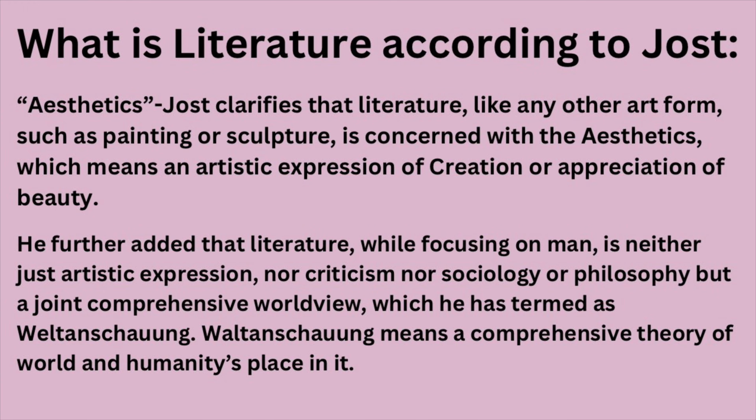Then he further adds that literature, while focusing on a man, is neither just artistic expression, nor criticism, nor sociology or philosophy, but a joint comprehensive worldview, which he has termed as Weltanschauung. I'm not really sure if I'm pronouncing this word correctly, which means a comprehensive theory of world and humanity's place in it.